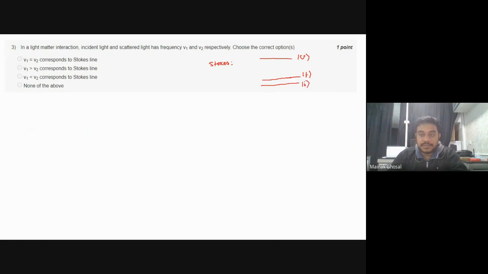For a Stokes line, there will be a transition from the initial state up to the virtual state, and from this virtual state it comes back to the final state.